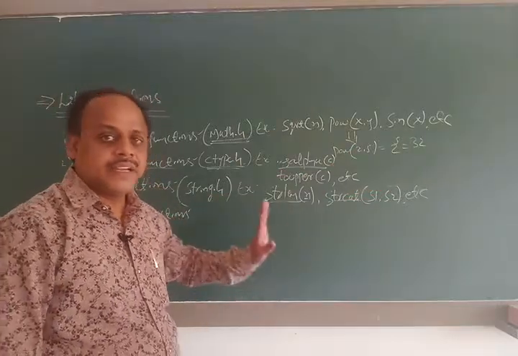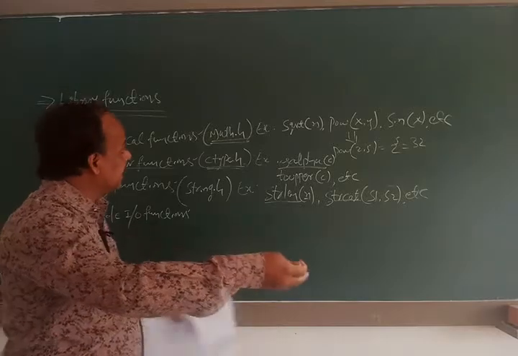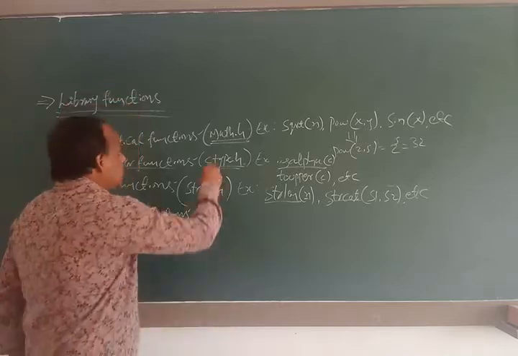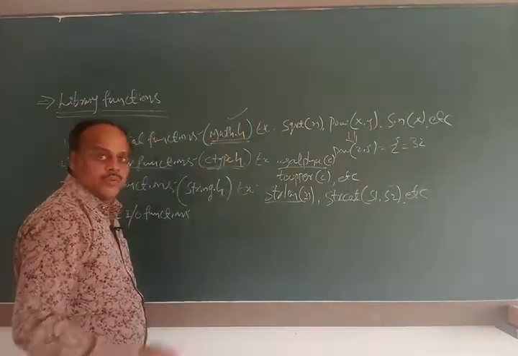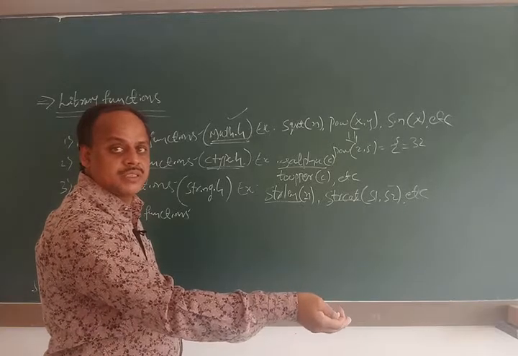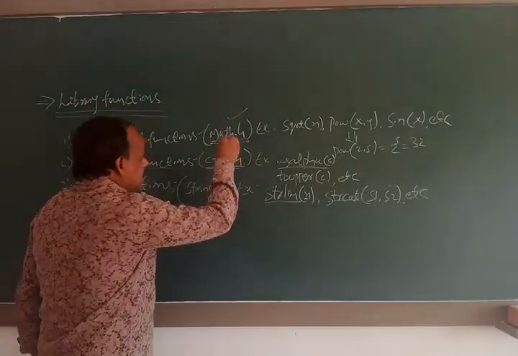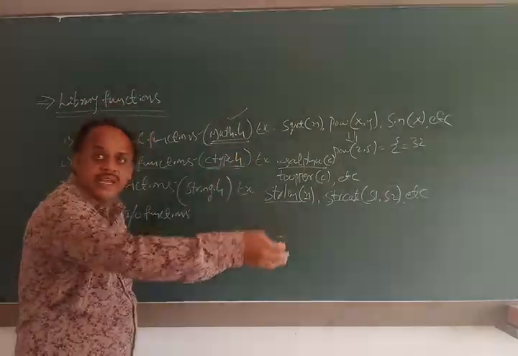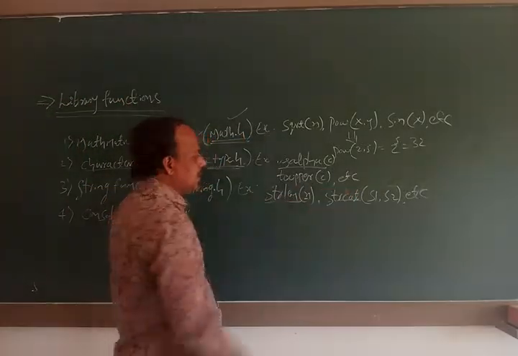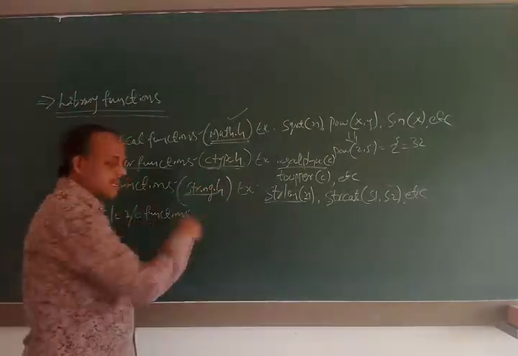Right now, just remember that if we use any mathematical library functions in our program, we have to use the header file math.h. If we use predefined character functions, we have to use the header file ctype.h. If we use built-in string functions such as strlen and strcat, we have to use the string.h header file.